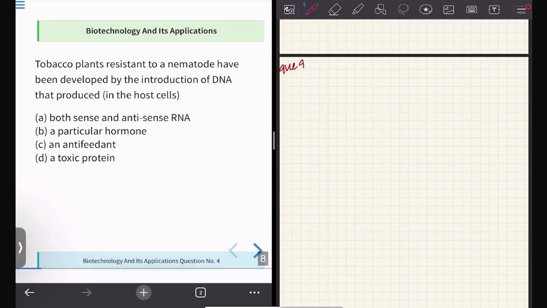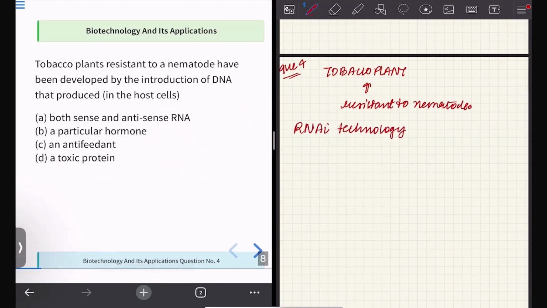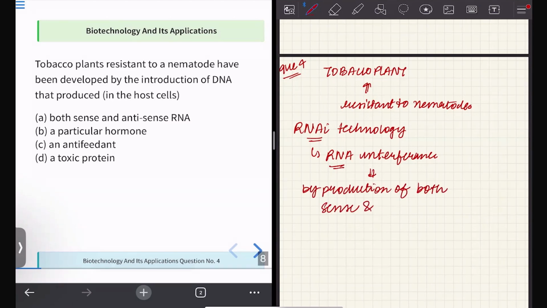That is question number four. So we have the tobacco plant, and this particular plant is resistant to nematode. And how is it produced? We have RNAi technology. What is RNAi technology? It is RNA interference. How does RNA interference work? By production of both sense and antisense RNA.